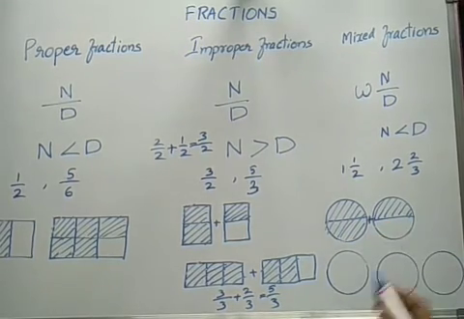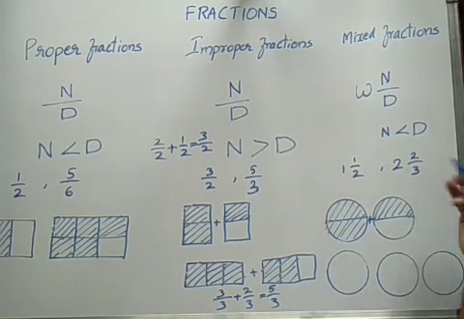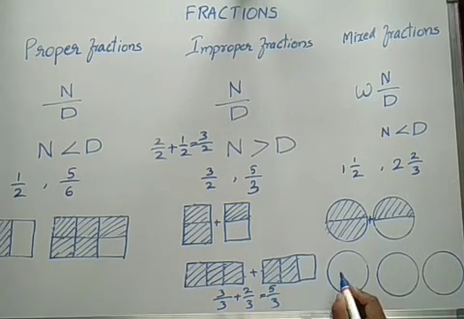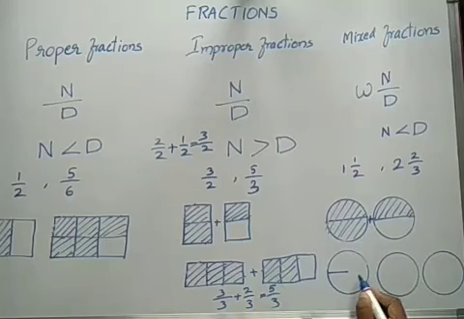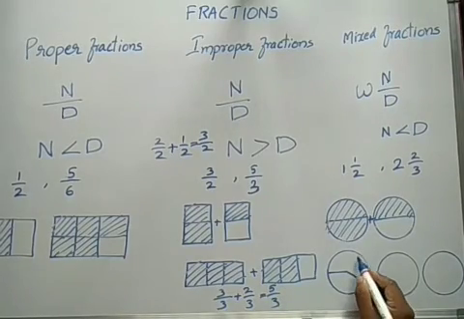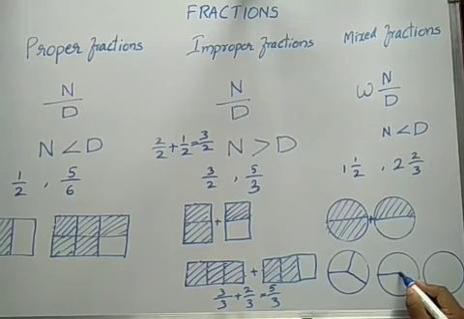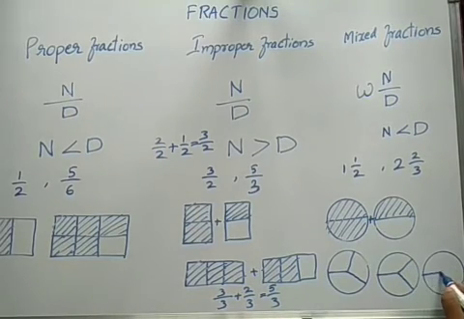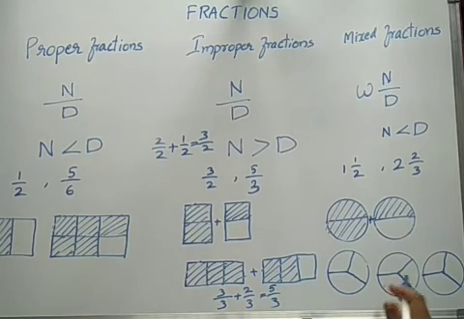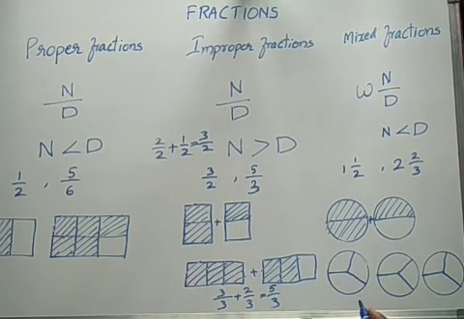Here 2 by 3 means each one they divided into 3 equal parts. See 1, 2. See, in each figure how many parts are there? 3 parts, 3 equal parts.